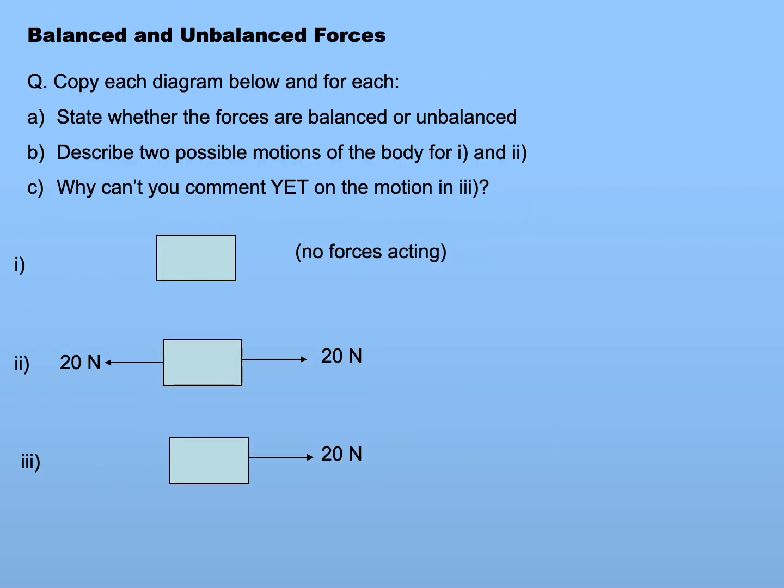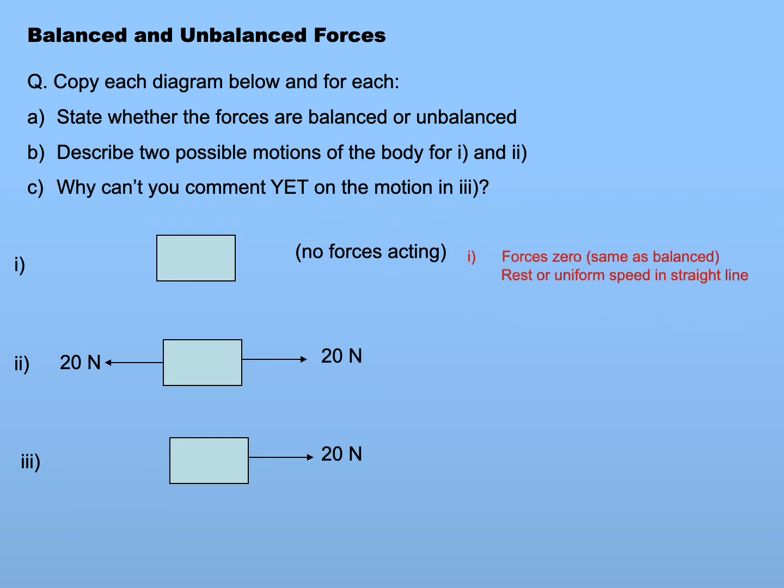Now, some examples. Again, if you've not done these before, pause the show and try them first without looking at the solutions. Well, if we look at scenario number 1, we have no forces acting on this body. So part A says, state whether the forces are balanced or unbalanced, and then describe the 2 possible motions.